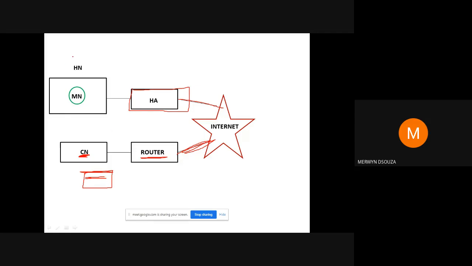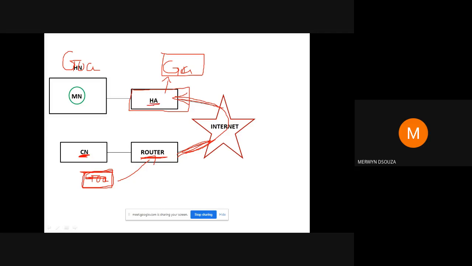Like we have been taking the example, let's say the MN's original address is Goa. So as long as the CN puts this address Goa correctly, this packet will come here to the HA. First it will be given to the router. The router will route it over the internet. It will reach the HA.